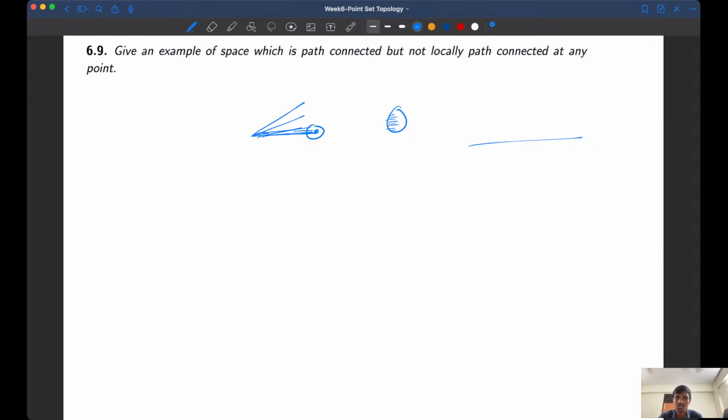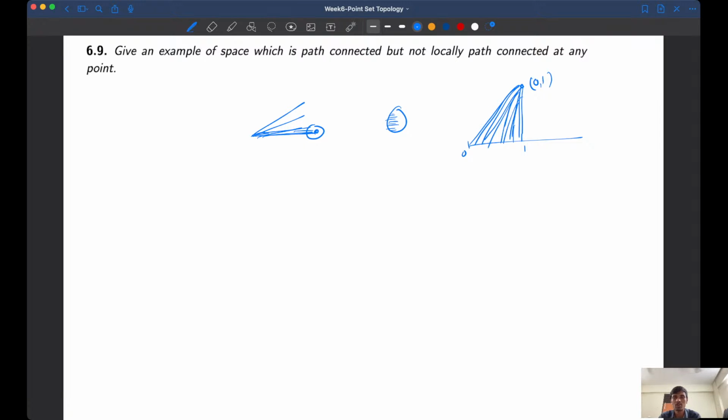But to remove the local path connectivity at any point, you can consider, let's say this is 0 1, and you consider all the lines that connect 0 1 to all the rational points in between. Let's say this is 0 1, so you consider all the lines that join this to the rational points, rational coordinate cross 0, so that will never be locally path connected at any of these points except 0 1.